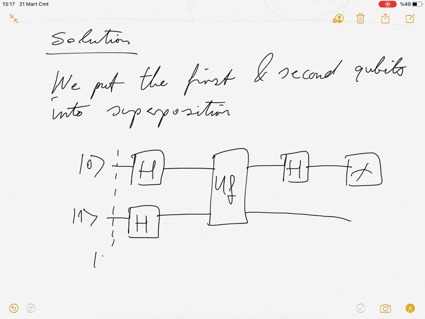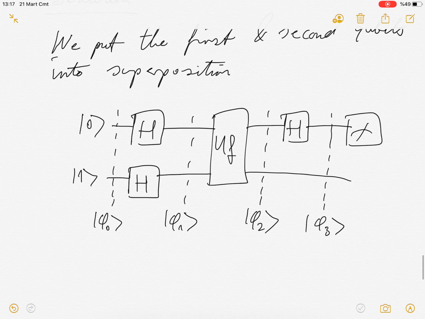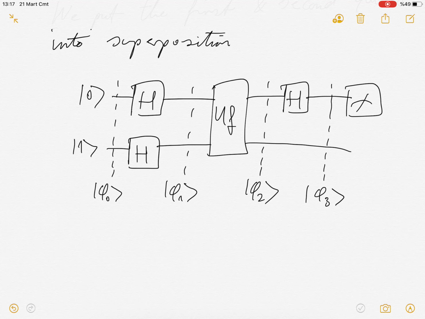All right, so let's denote the states. Let's call this phi 0, this phi 1, this stage phi 2, and this phi 3. Now let's examine these states and write them explicitly. Obviously phi 0 is equal to state 0, 1. And we apply the hadamard transform on both qubits, which means that both qubits will go into superposition.